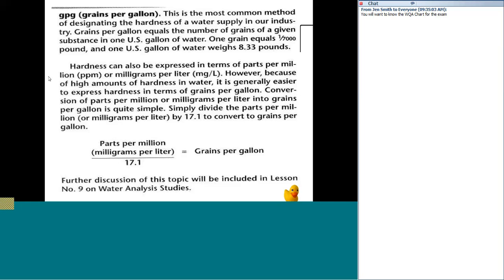So 1,400 aspirin tablets would be 1 pound. To kind of put it in perspective, if you have a softener that is taking out, say, 7,000 grains a day, it's taking out 1 pound of rock, or the equivalent of 1,400 aspirin tablets.